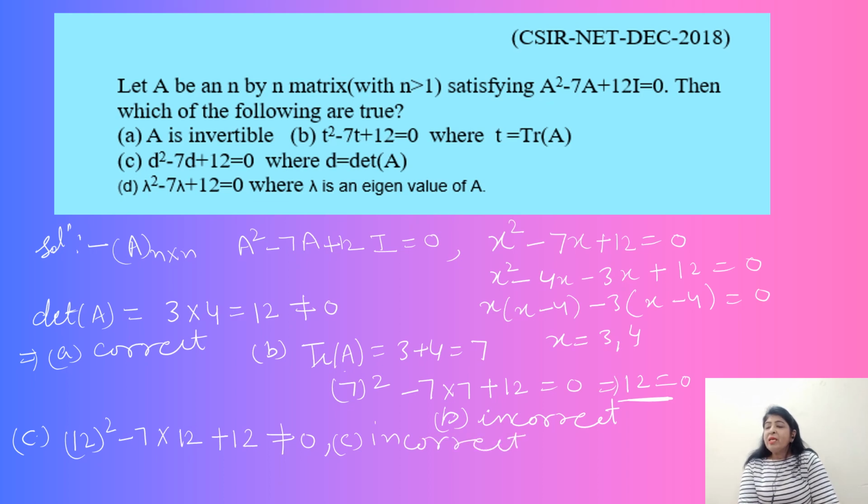And lambda square minus 7 lambda plus 12 is equal to 0, where lambda is an eigenvalue. If lambda is equal to 3, D gets satisfied, and if lambda is equal to 4, again D gets satisfied.